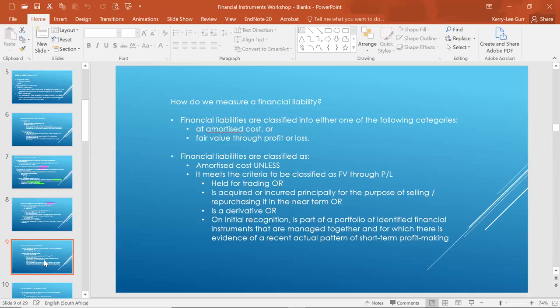So all these 4 bullet points are really leaning towards the fact that the intention is ultimately to make a short-term profit. It's to quickly sell this financial liability. Okay, so those are the types of things that we want to consider when we get to a financial liability, and we need to choose one of our two measurement models, being either amortized cost or fair value through profit or loss.